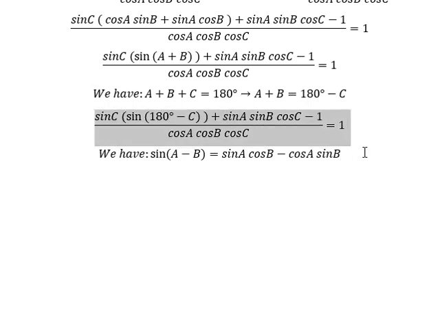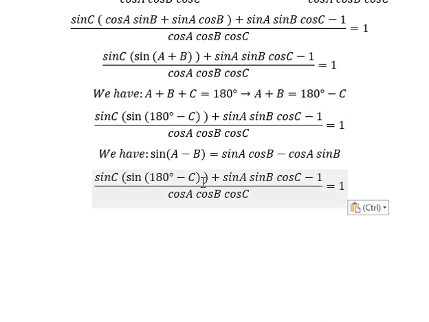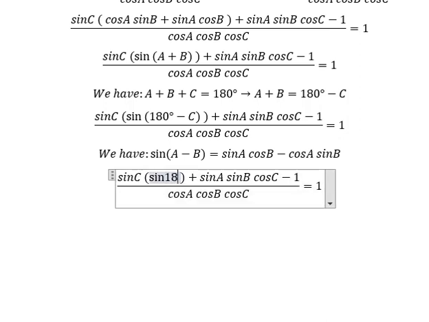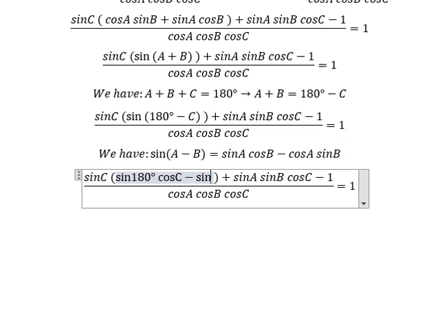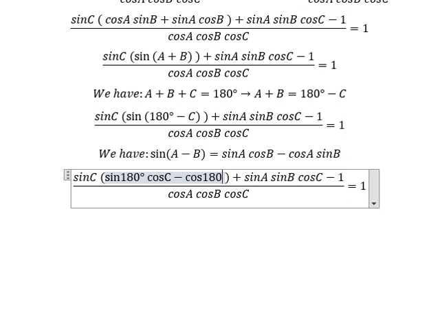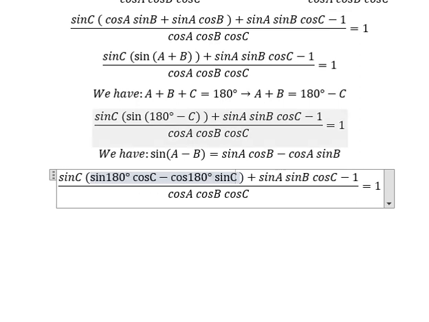And that should be like this. So sine A cosine C minus cosine of 180 degrees sine C.